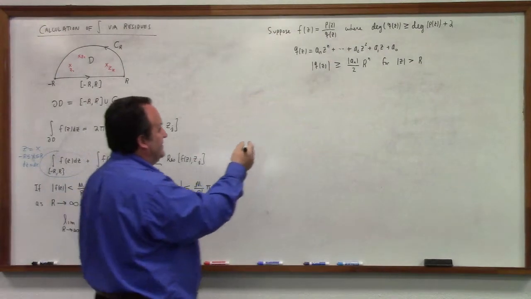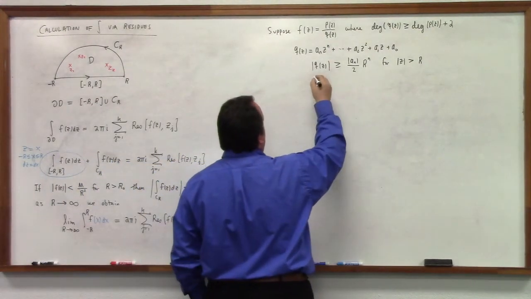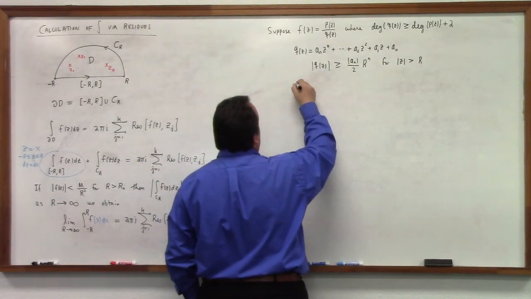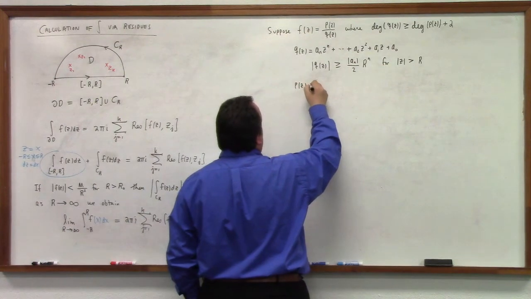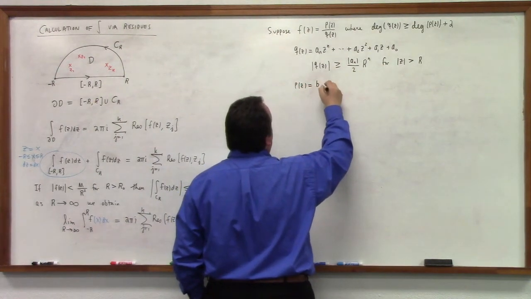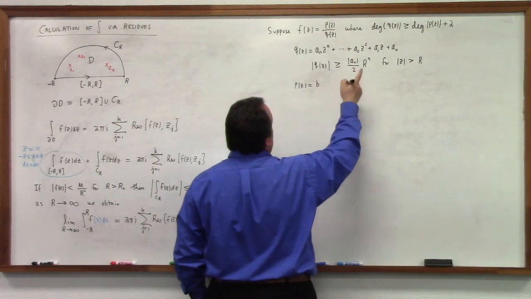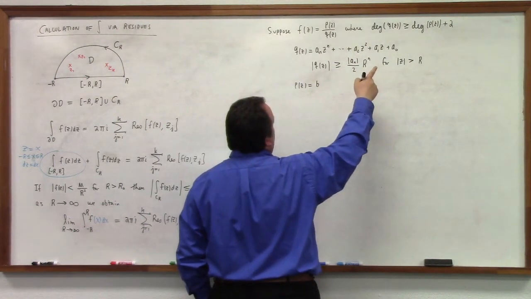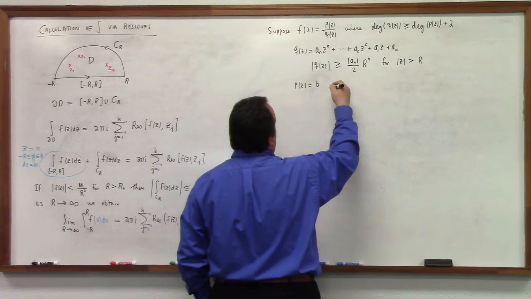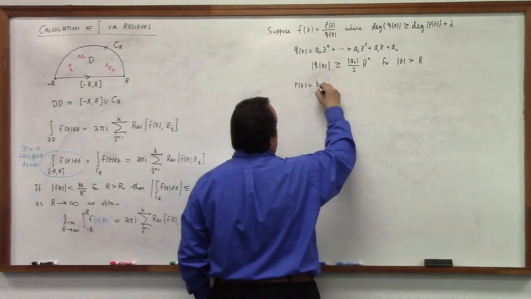And once you have that, if p of z is equal to, say, b_(n-2) z to the n minus 2 plus and so on plus b_1 z plus b_naught, since the degree of q is greater than or equal to n minus 2 plus 2, that'd be the largest possible power.